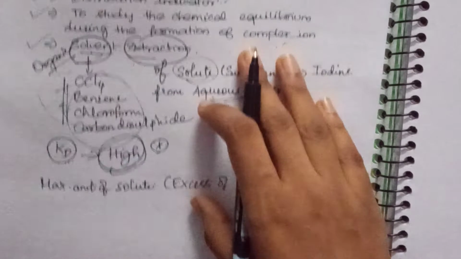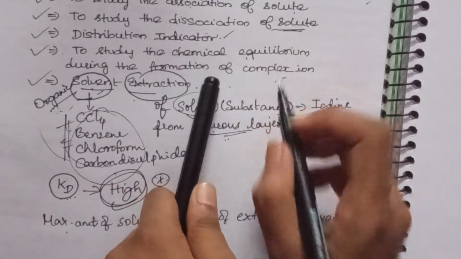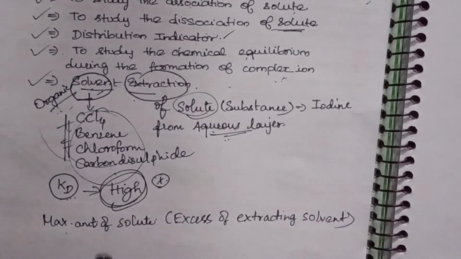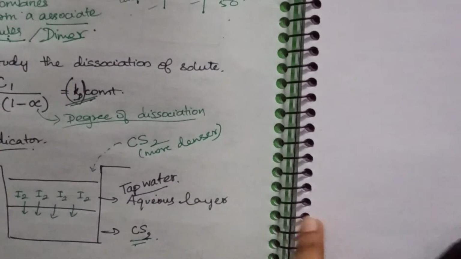Now we are going to study the chemical equilibrium during the formation of complex ion. For that you must be clear with a few concepts. You must always understand the distribution law. So what is distribution law? I am repeating again and again for understanding.